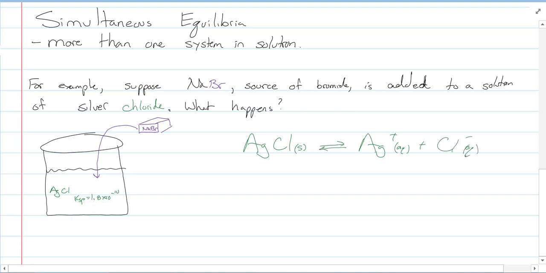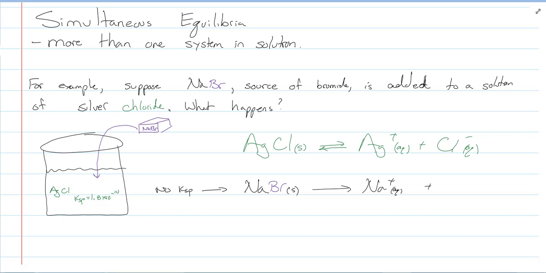So I got silver chloride. Sodium bromide. This is soluble. There's no KSP. So that gives me Na+ and Br-.